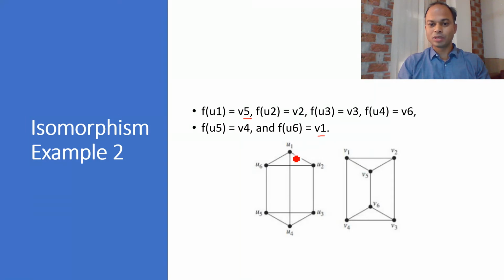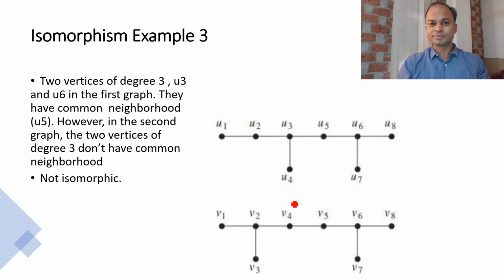Similarly, for u1 to u3, the equivalent of u1 is v5 and of u3 is v3, and between v3 and v5 there is no edge. So no edges map to no edges and edges to edges. Mapping is there, so we can say that these two graphs are isomorphic graphs.